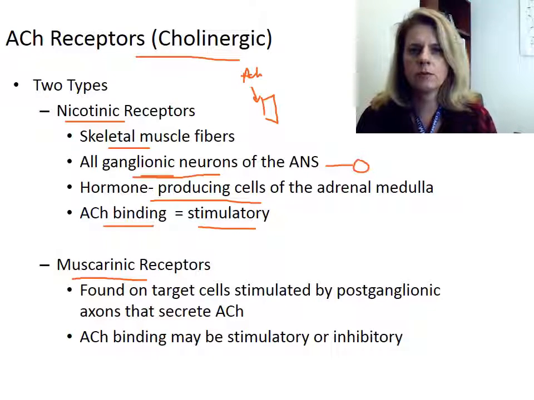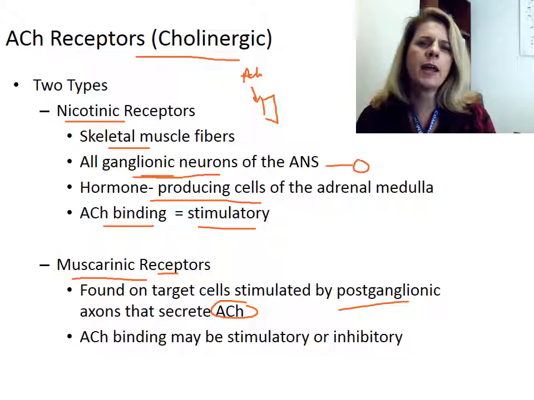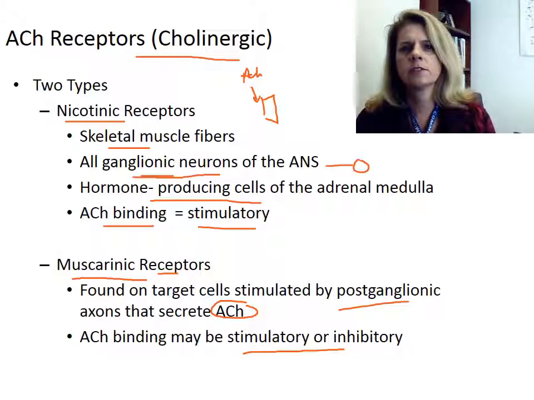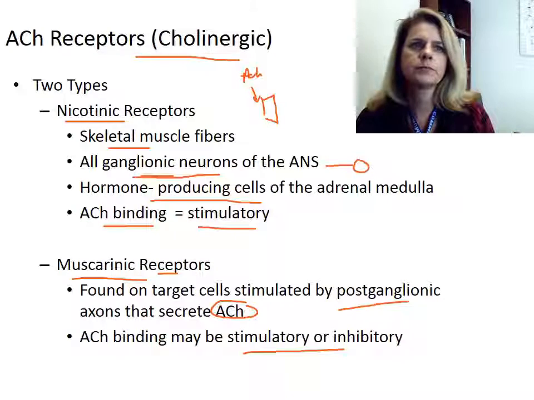So nicotinic receptors, ACh binds, always stimulatory. Muscarinic receptors are found on the target cells that are stimulated by those postganglionic, second neurons, the ones that secrete ACh, and when ACh binds here, they can be stimulatory or inhibitory. So nicotinic and muscarinic are your two cholinergic receptors.